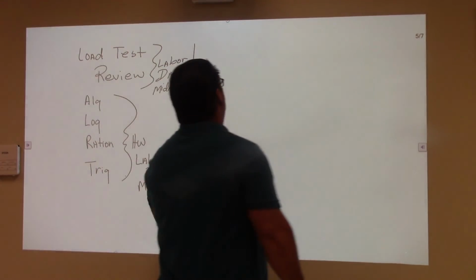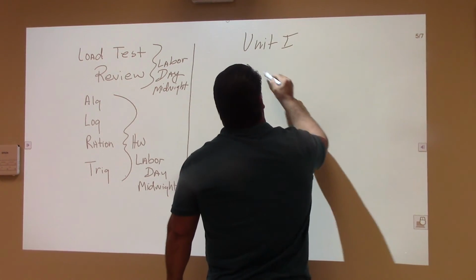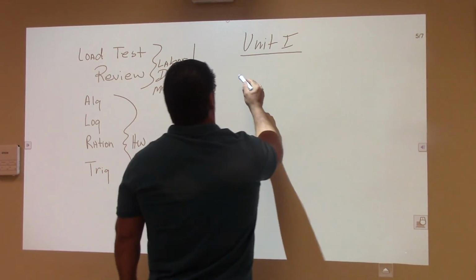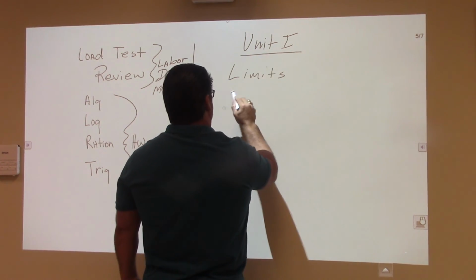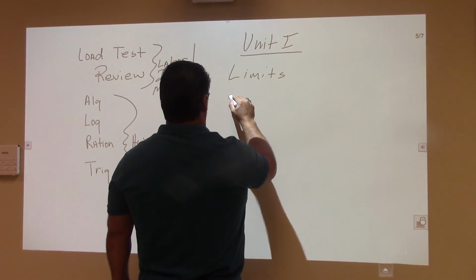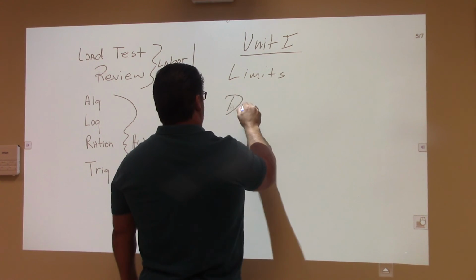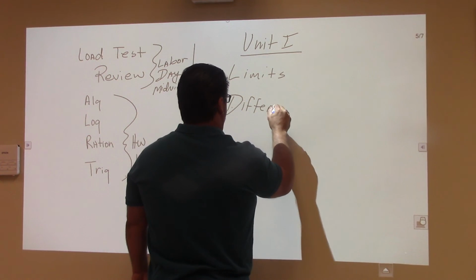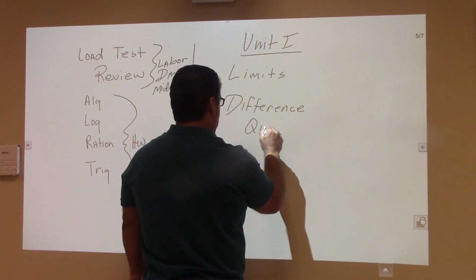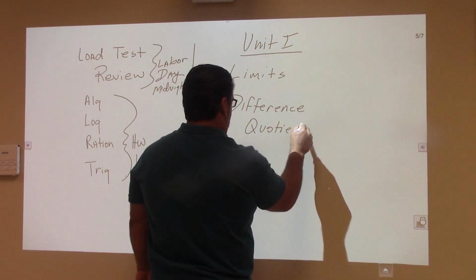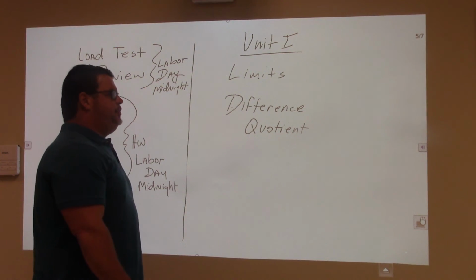Now, Unit 1 test: so far, you've only got one homework, and that is limits. But I'm going to add this homework, which will be called difference quotient. It may be a little bit more, there may be a few on there.